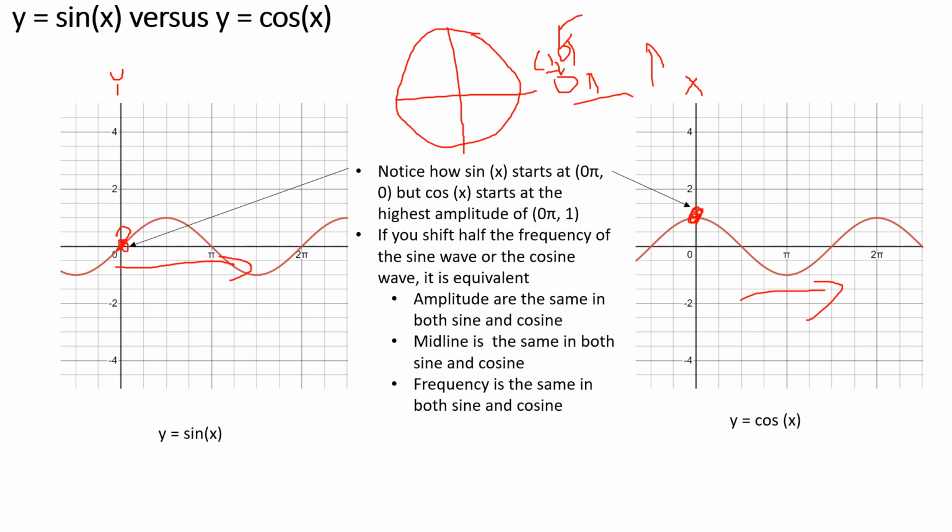Now let's look at pi over 2, which is right here on both of these. Pi over 2 has a coordinate of 0, 1. Well, this is the cosine, sorry, the first one. So that should be 0 right here, at pi over 2.